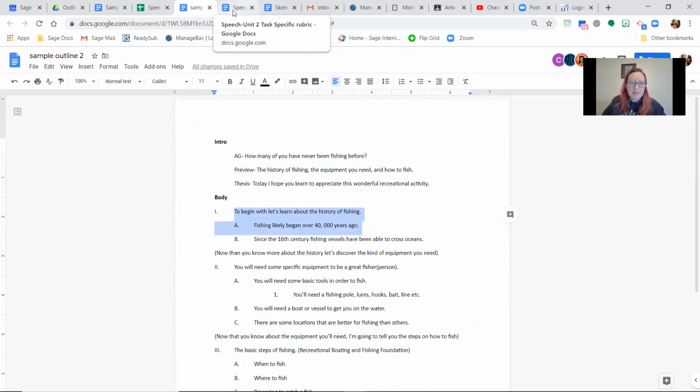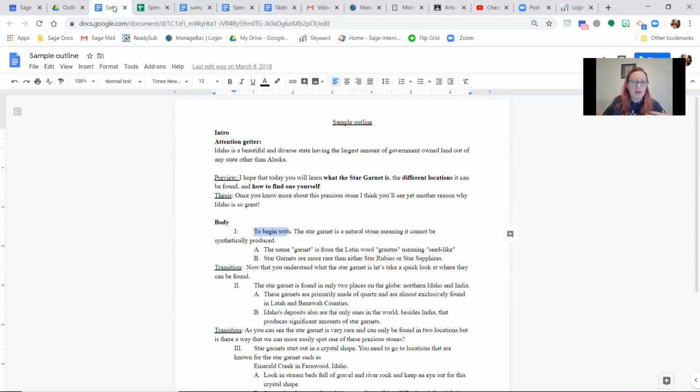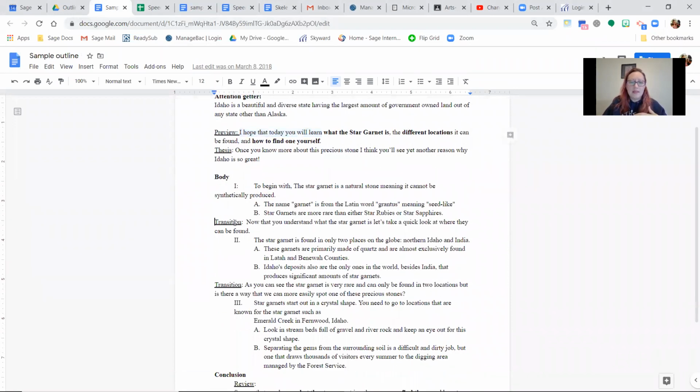If you want it to be a little bit more detailed, this one is a little bit more detailed. It has those transition phrases like, I hope today you will learn blah, blah, blah, and then some transition phrases here. But a good guide for you is you want approximately 1 complete sentence for each indicator.